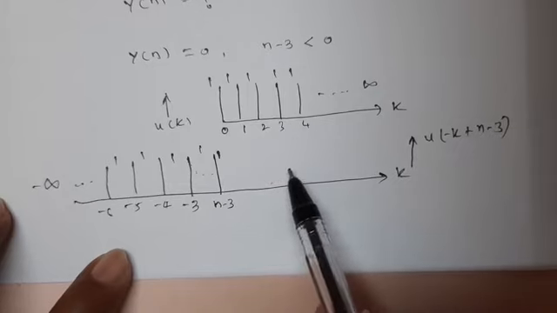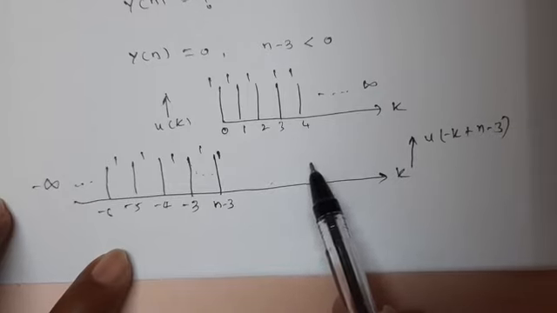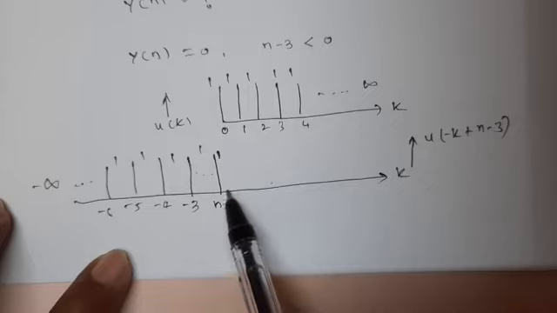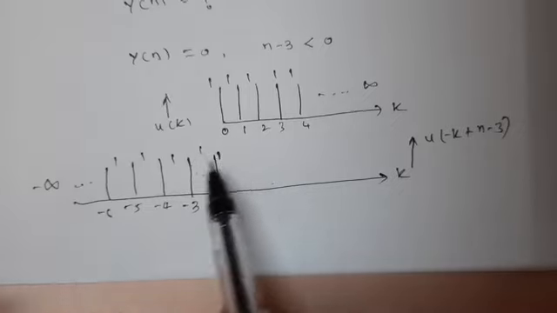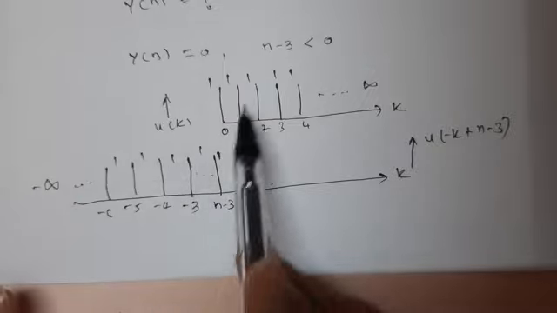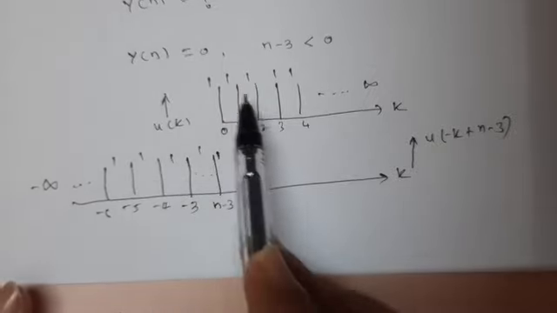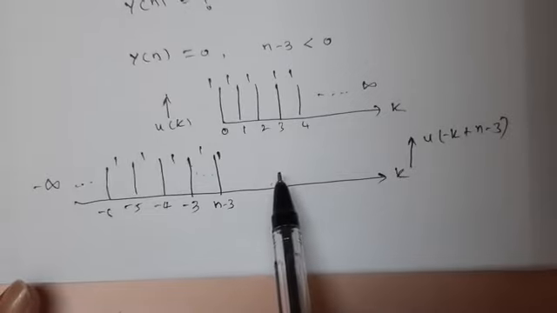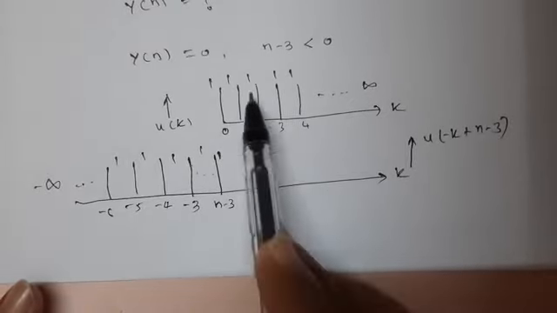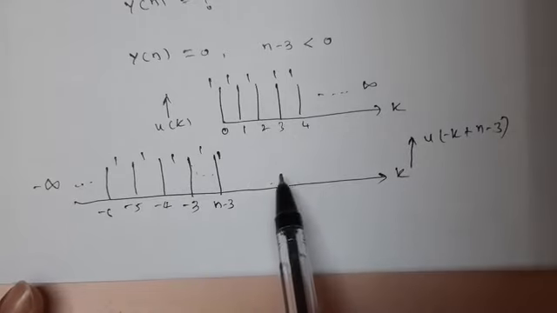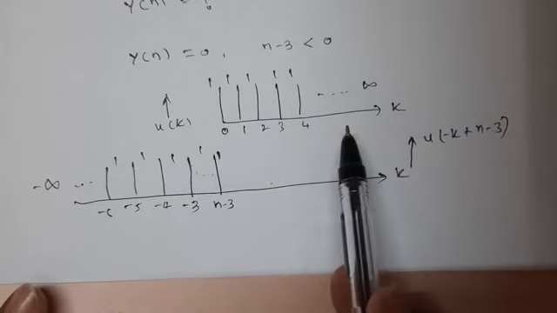At 2, no samples for u of minus k plus n minus 3. Why? Because n minus 3 is less than 0, all the samples are lying before the value 0 of this signal. So multiplying the samples of u of k with this gives 1 into 0 at 1, 1 into 0 at 2, 1 into 0 at 3, and so on. Towards the right side it is 0.